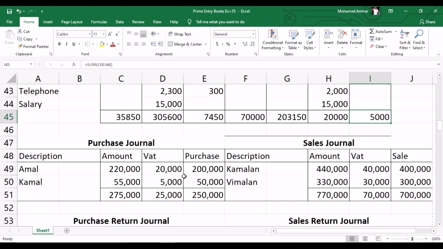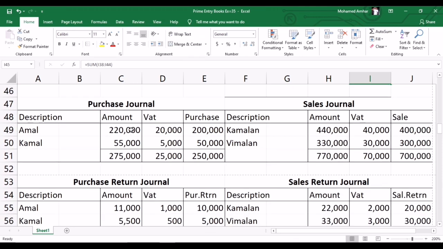Now we have to take the totals of the purchase journal. Here the total purchase is 250,000, so it should be debited to the purchase account. And VAT: when purchasing we have paid VAT, so that is also receivable.